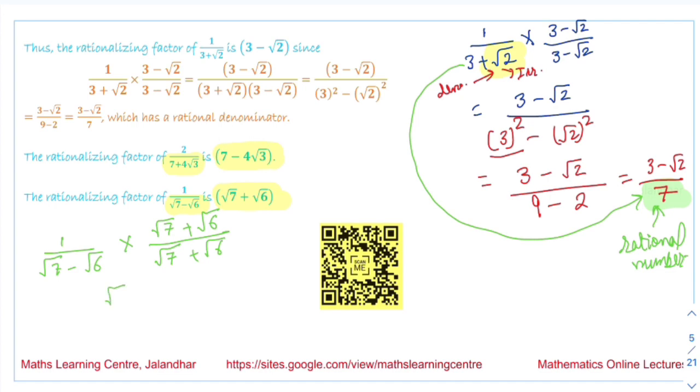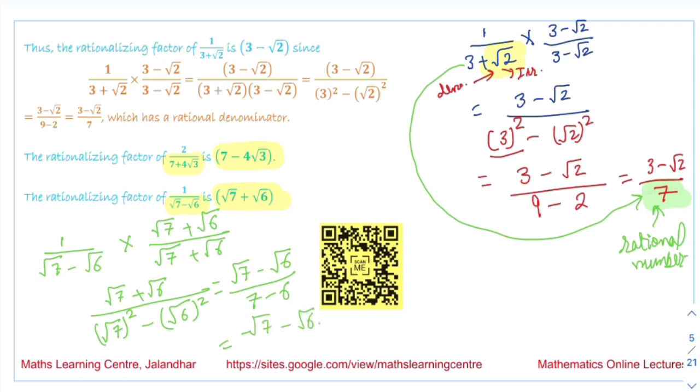So the answer you will get is square root of 7 plus square root of 6 as the numerator. Denominator will become square root of 7 square minus square root of 6 square. So it is square root of 7 plus square root of 6 over 7 minus 6. So the answer is square root of 7 plus square root of 6, and the denominator is equal to 1.